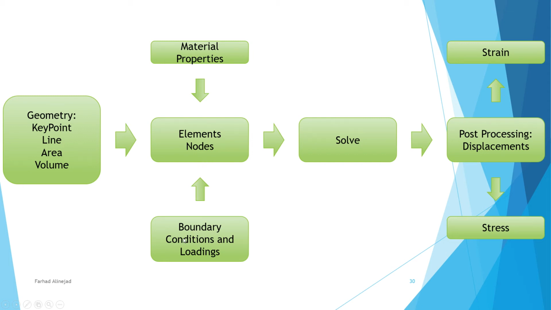And then you apply the boundary conditions and loadings over the elements. Now your model is ready and it is solved. Then you have the post-processing step. And the first result that you may obtain from structural analysis is always displacement. And from displacement, we can obtain strain and stress.